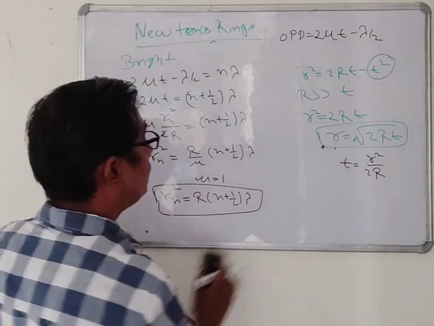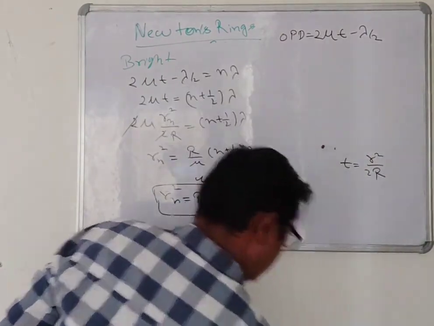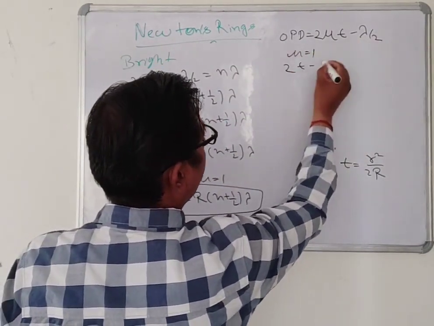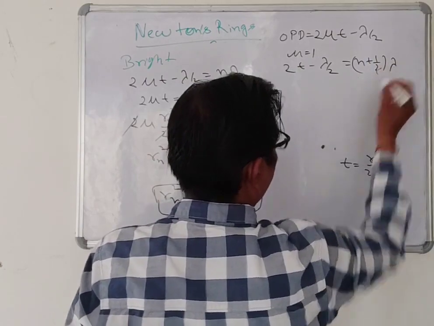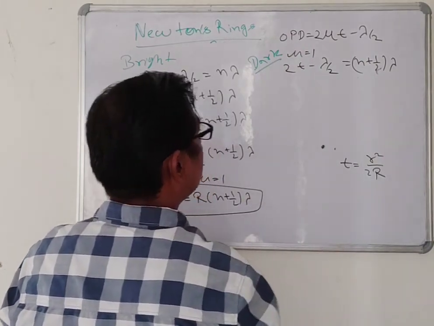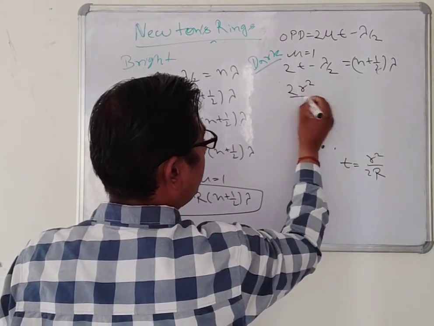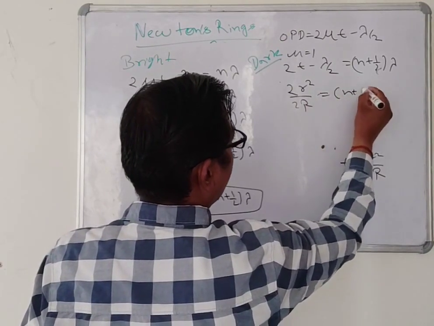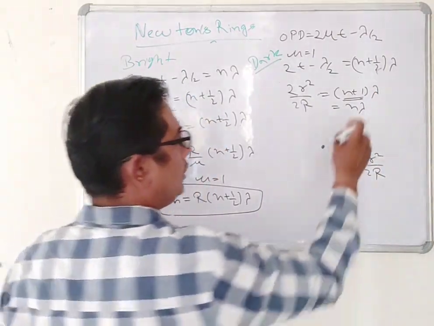In case of the dark, mu is equal to 1 for the air film. So 2T minus lambda by 2 is equal to (n plus half) lambda. This is the condition for dark. Now T is equal to r square by 2R. You know that n plus 1 is also a number, equal to n.